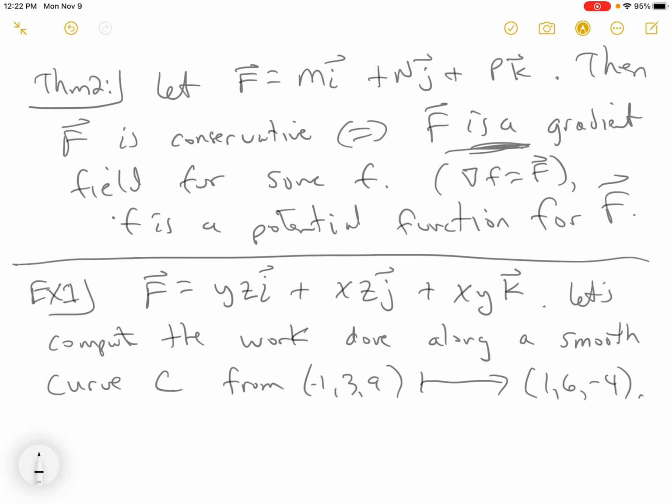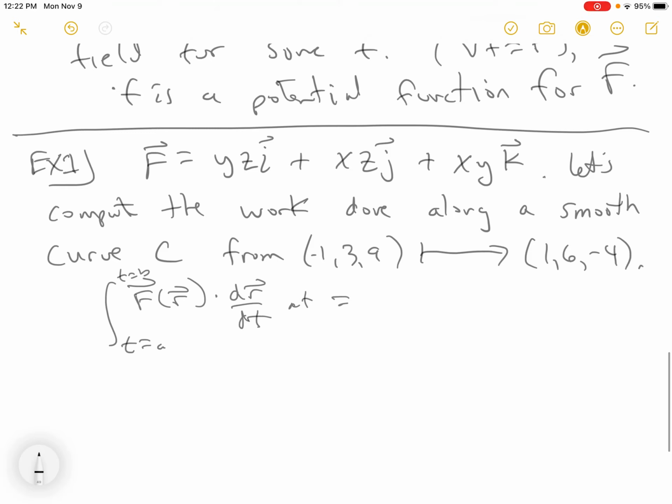Now, if you're just working in chapter 16.2, the one we just completed, what we need is a parametrization for C, because we want to go F of r. First we have to compute that, then we have to find dr dt and compute that, and then we have to go from C's parametric interval, and then do all that work like we did in the last homework.